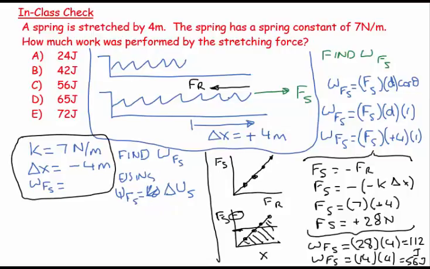As I stretch this, I'm putting energy into the system, and so I can say the work done by my stretching force is equal to the change in my spring potential. So the work done by my stretching force is equal to 1/2 times k times delta x squared.